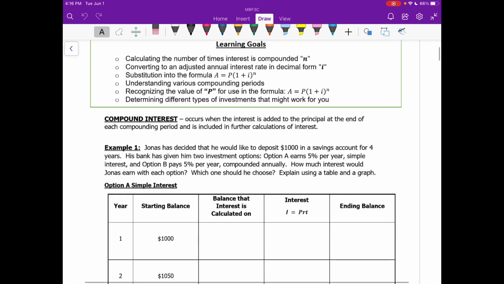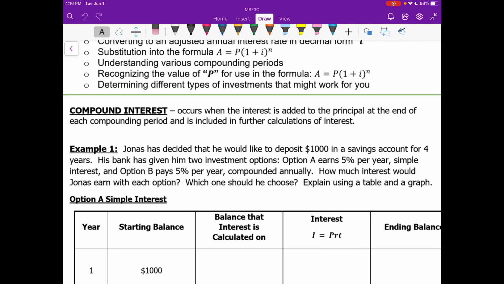Compounding interest is interest that occurs when interest is added to the principal at the end of the compounding period, and it's included in further calculations. With simple interest, you only got interest on the initial amount that you put in. So say 5 years ago you put in $200, you would only get interest on that $200.